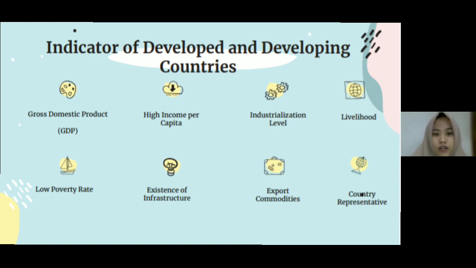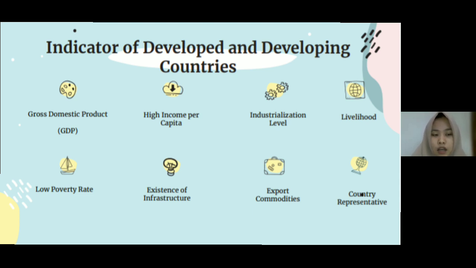The basic criterion for making a country developed is that they must reach a minimum GDP of 2 trillion US dollars in 1 year. Meanwhile, for developing countries, the minimum gross domestic product is projected to only reach 5,065 US dollars in 1 year.